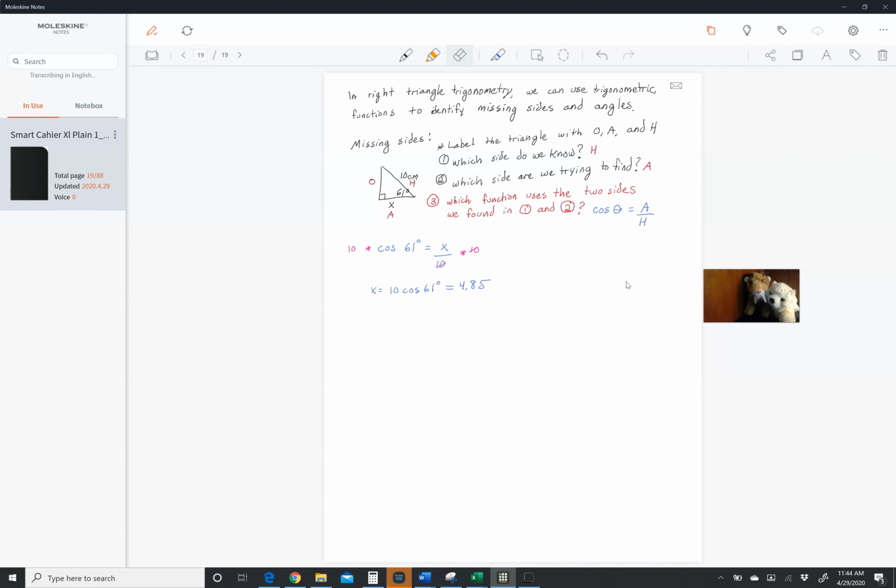which makes sense. First of all, it should definitely be less than 10. This is an angle that's bigger than 45 degrees, so the adjacent gets smaller as the angle gets bigger.